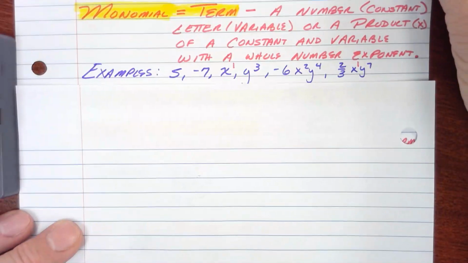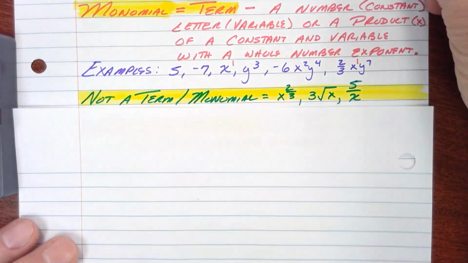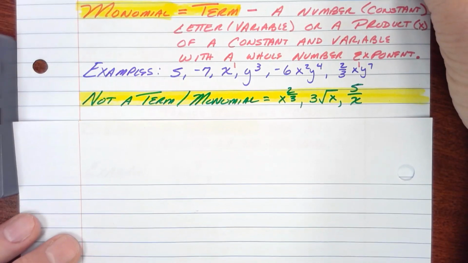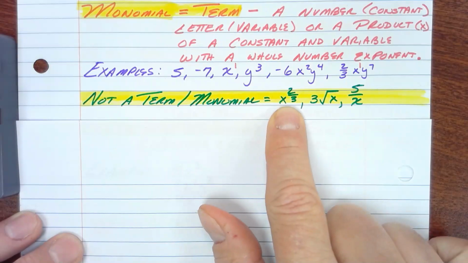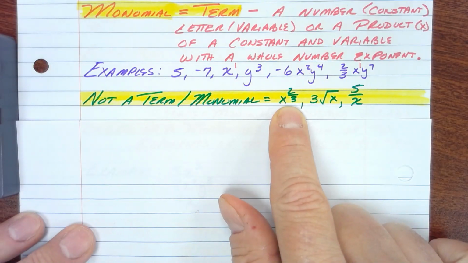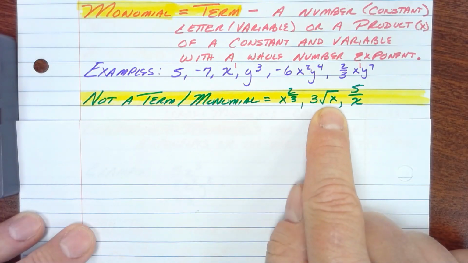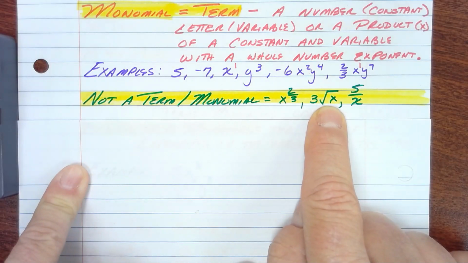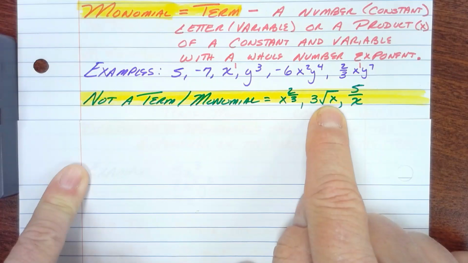Now, things that are not a term or a monomial, this is not, because it's not a whole number exponent. This is multiplication, but it does not have an exponent with it.